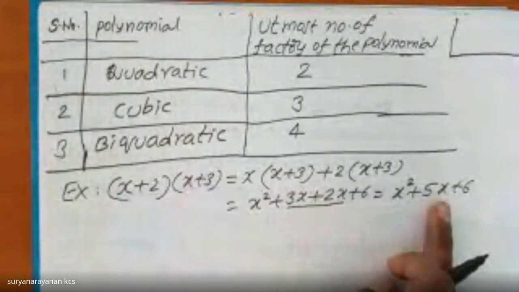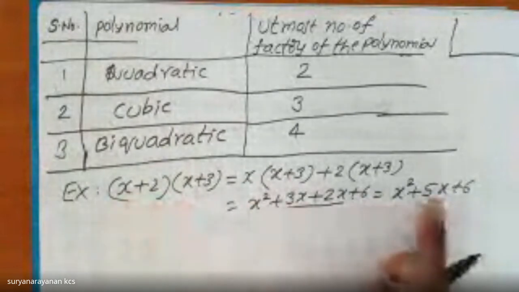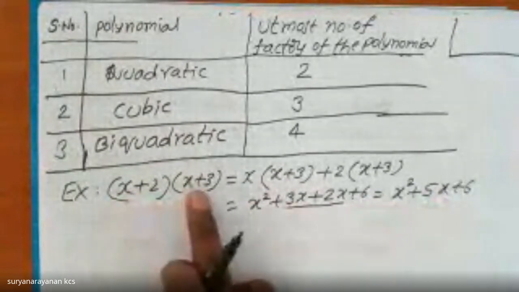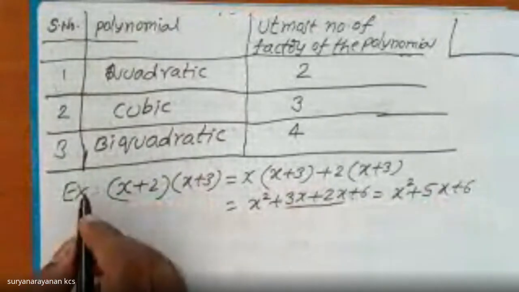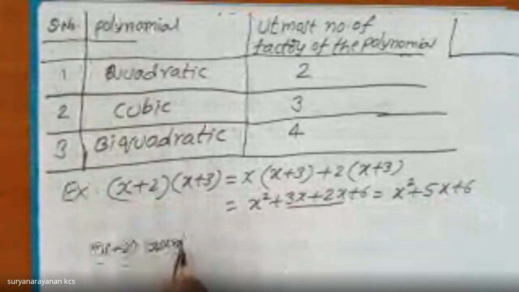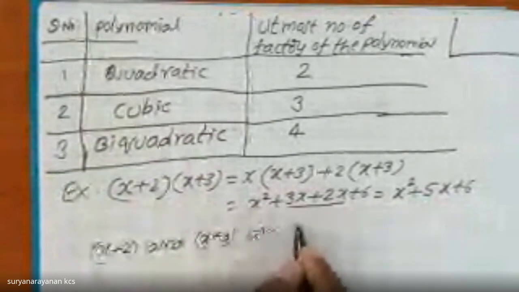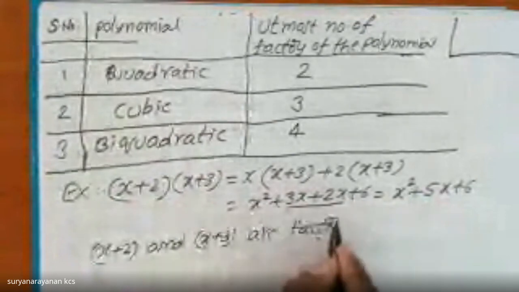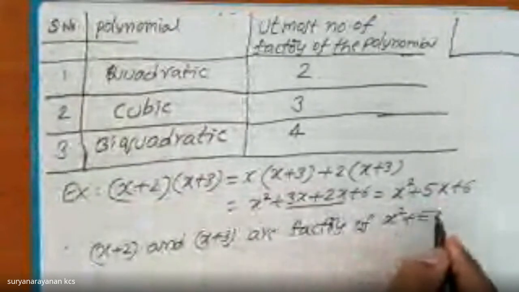So we can say that the first polynomial is a factor of this polynomial, and the second polynomial is also a factor of this polynomial. Factors of x square plus 5x plus 6.